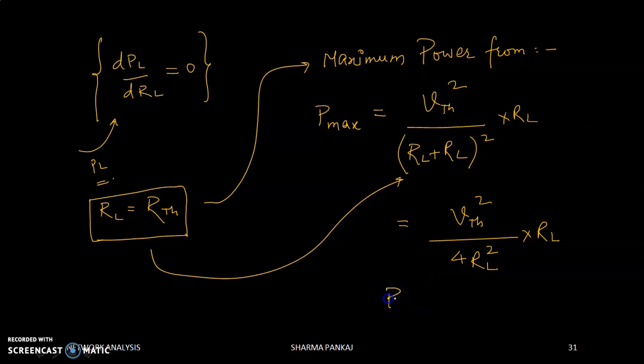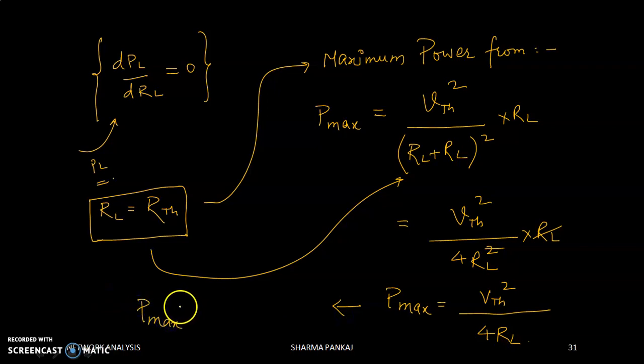So P max is now VTH square upon 4 into RL, one RL gets cancelled out. This can also be written as P max is equal to VTH square upon 4 RTH.